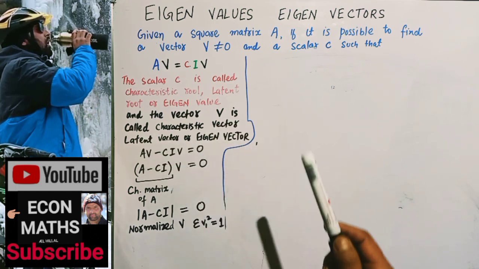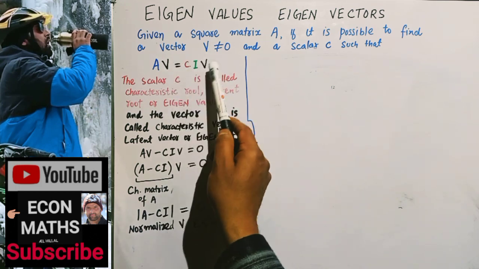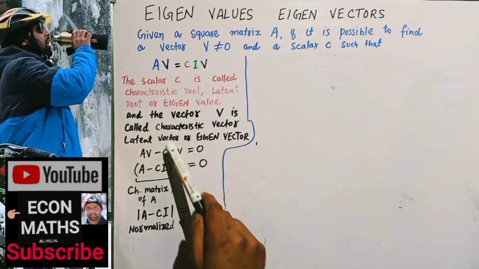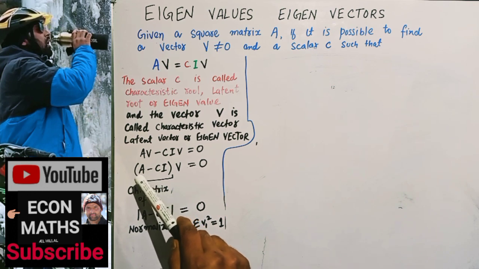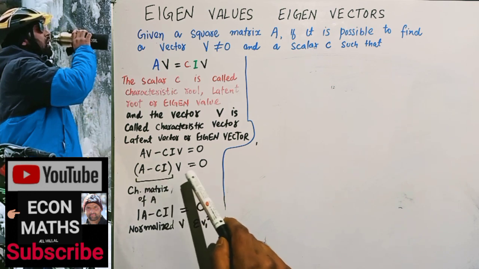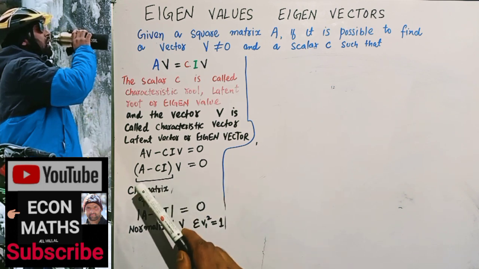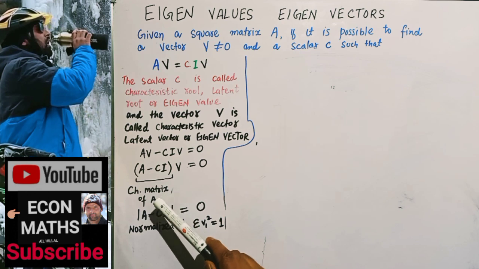Now given this relationship, if we transpose this term to the LHS, it will become A minus CI times V is equal to 0. Taking V common, we are left with A minus CI times V is equal to 0. This A minus CI is called the characteristic matrix of this square matrix.